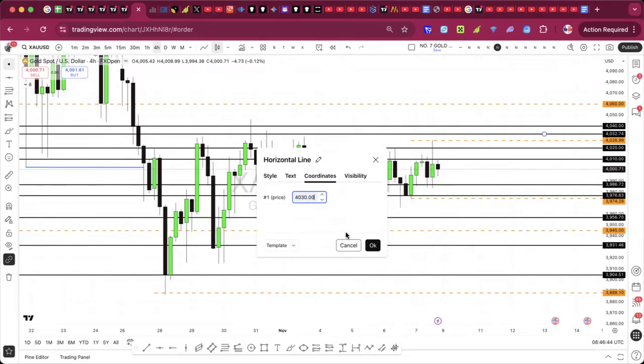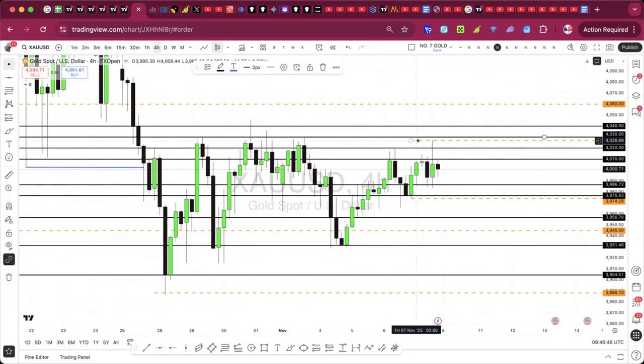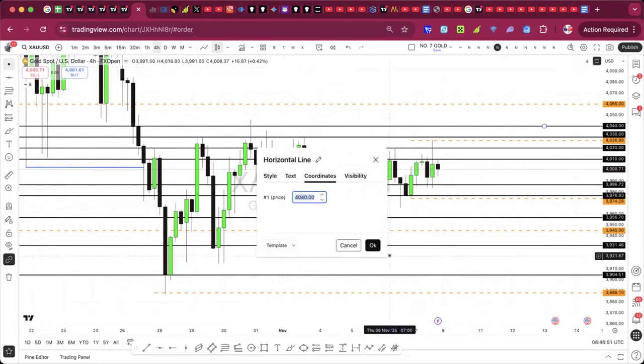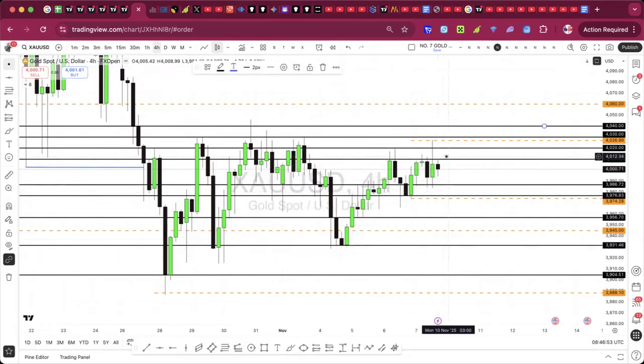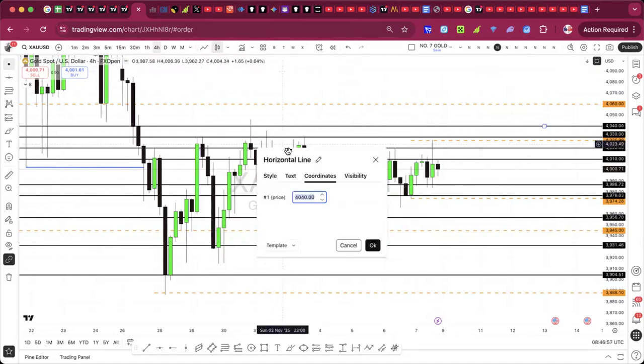That should be the next. Then 4040 should follow. So we're in order now. Okay. So I saw a gap that was wider, so let me just add one more to the top.